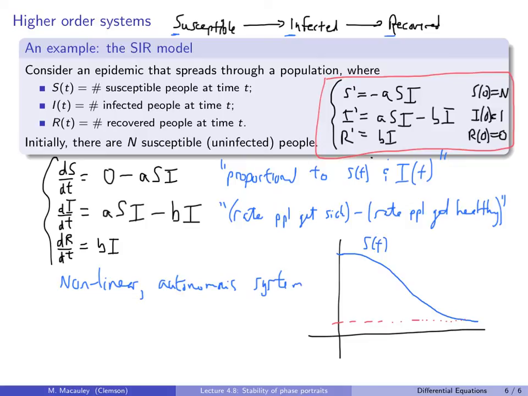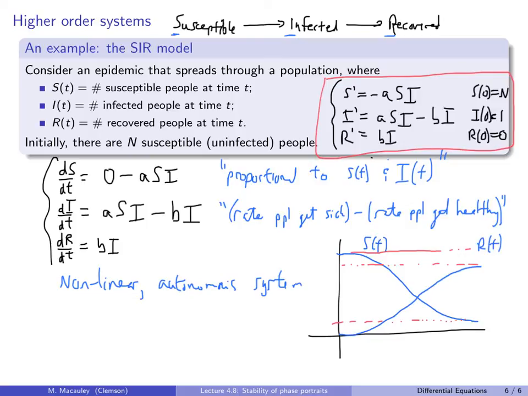The number of recovered people starts at 0 and goes up, but not quite up to here, because of this gap of people who are not recovered. People like me who never got avian bird flu, I'm not recovered, so this gap is equal to that gap.